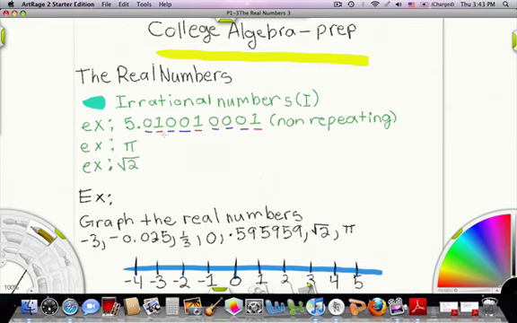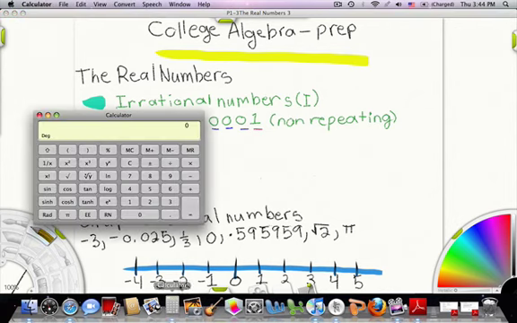And also, another example of irrational numbers is pi. So pi, everyone knows pi is 3.14, but what a lot of people don't know is pi is an irrational number, and it doesn't end at 3.14, but it goes on forever.